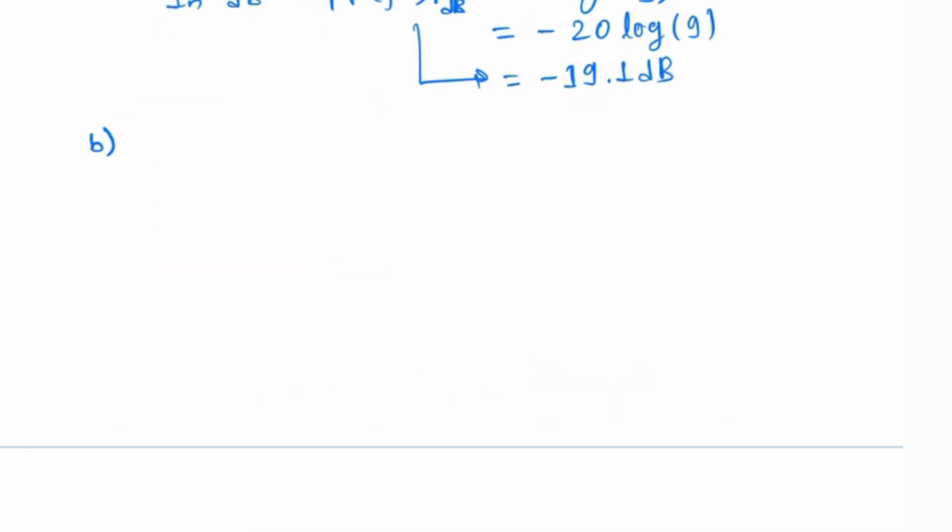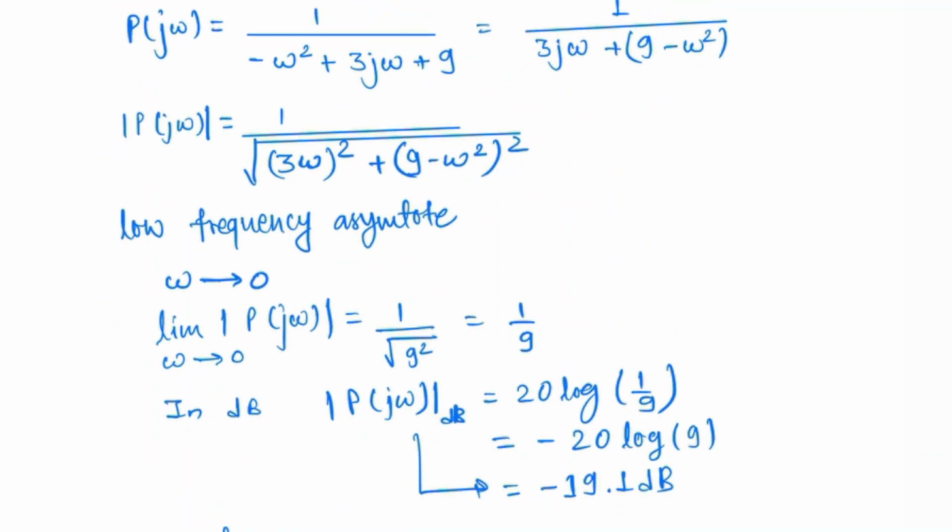Now we want to find the high frequency asymptote. So what happens at high frequencies? Omega becomes large.